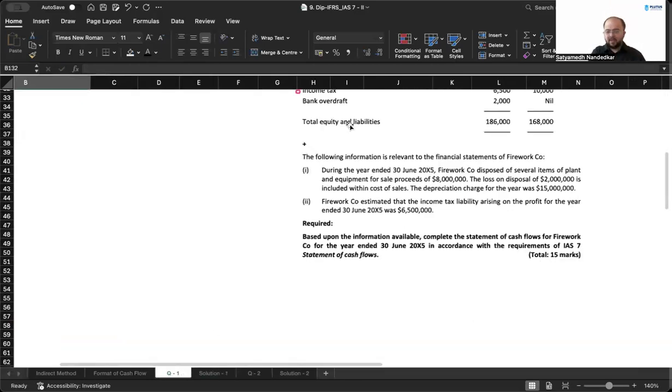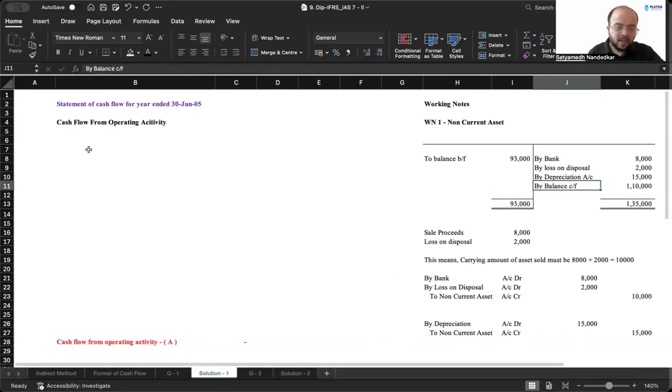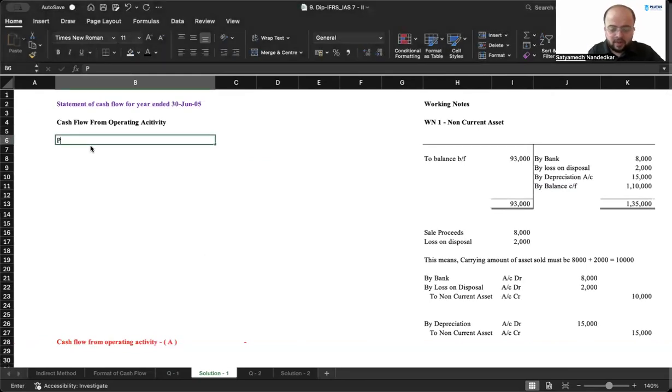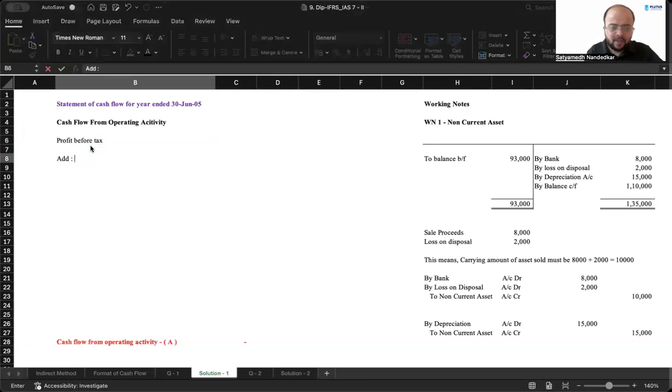So effectively in this process, what you have done is adjustment number one, all the entries and all the effects you have given impact to. Now ensure that you give the impact in the cash flow statement as well. Cash flow from operating activity starts with profit before tax. Whatever that number is, we'll pick it up later.